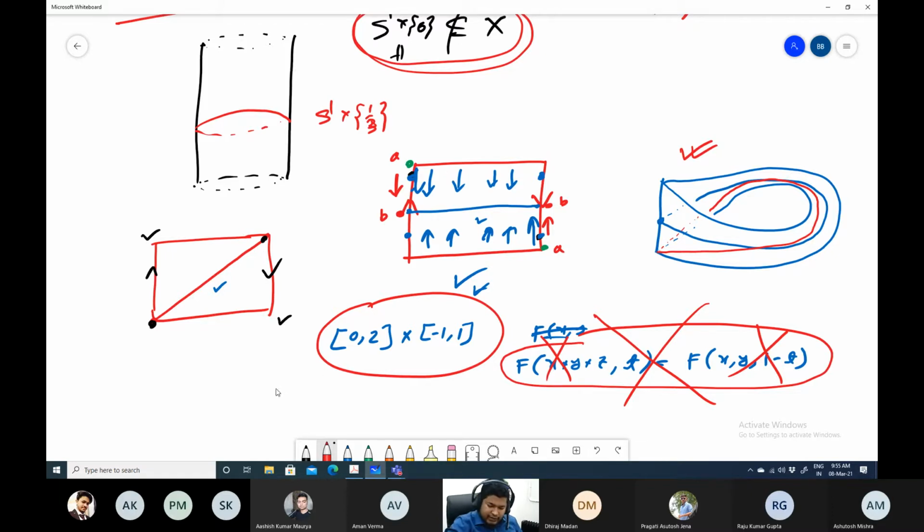So here you take that deformation retract, x cross y comma t equal to x cross 1 minus t comma y. This deformation you can take, and then you can take the image of this map, because you have a quotient map and that is surjective.